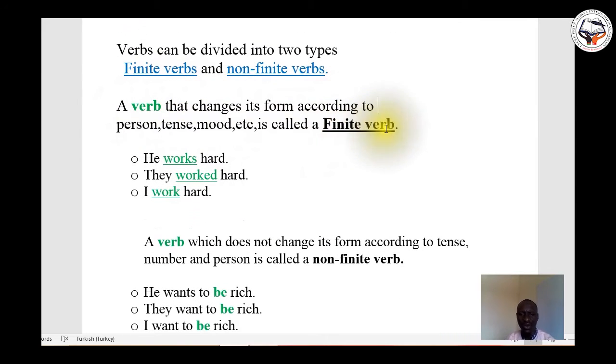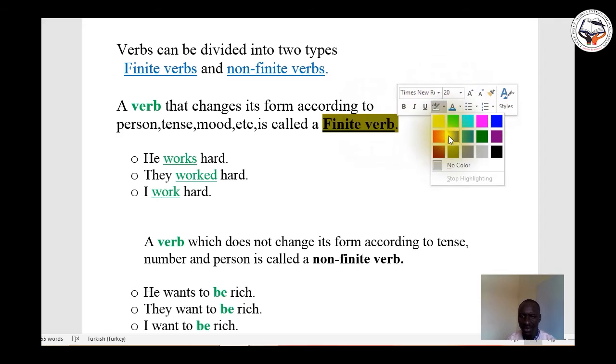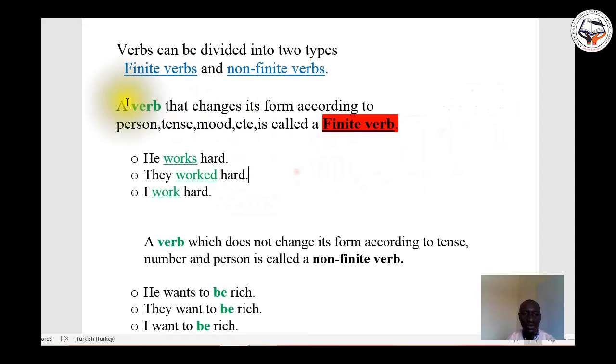A finite verb, what is it? We'll define what a finite verb is. We can say that a verb that changes its form according to person, tense, or mood, etc. is called a finite verb.